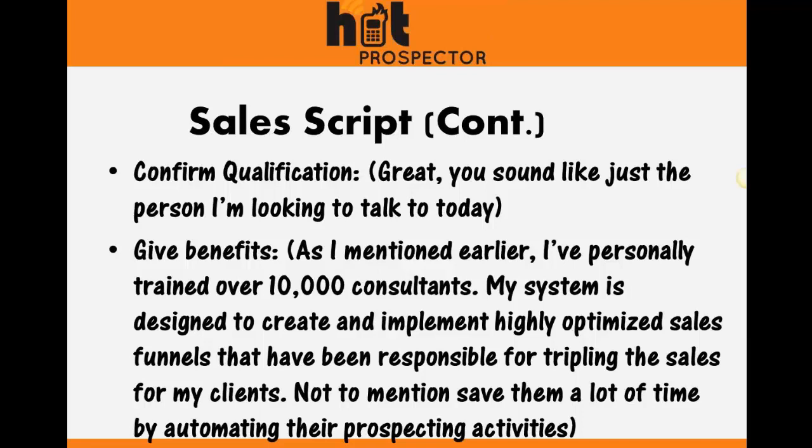You want them to see themselves in this product, and the only way you can do that is to give them benefits that are going to help them. The reason why Hot Prospector is awesome, and the benefits for my customers that have this, is because they can create a sales funnel once and automate the whole thing.